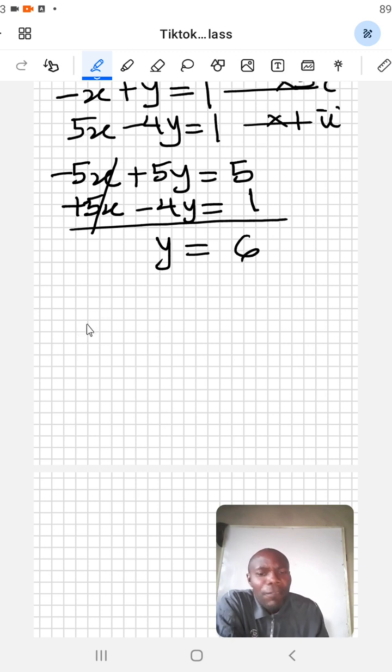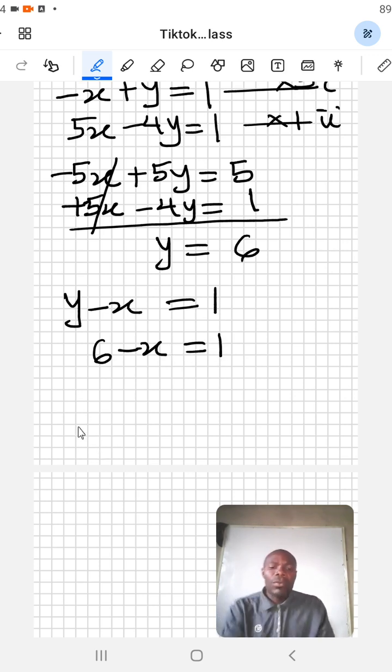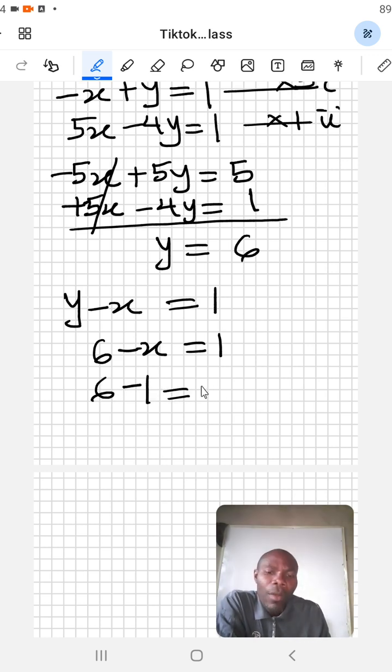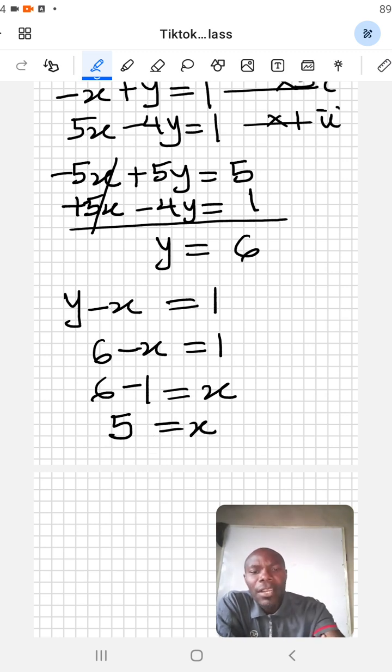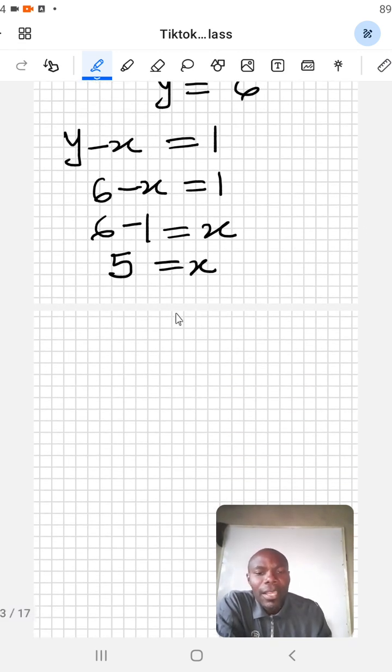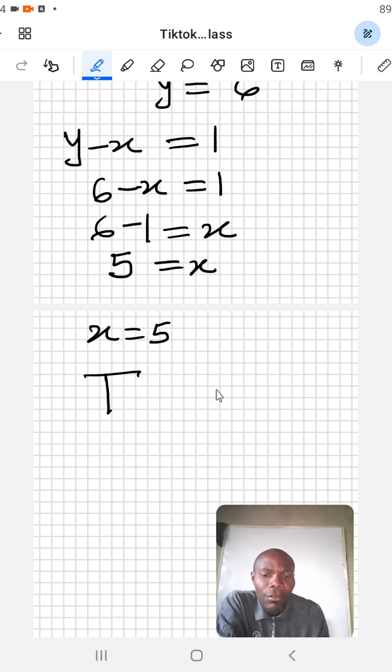From equation 1, y minus x is equal to 1. We have the value of y to be 6, so 6 minus x is equal to 1. Making x the subject of the formula, we have 5 is equal to x, so x is equal to 5. Let's go back to tens and unit.